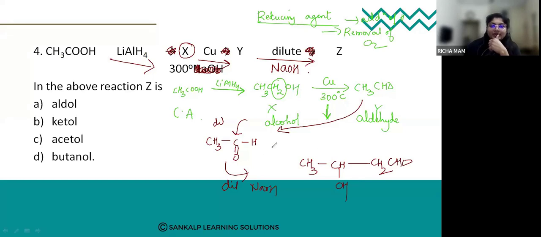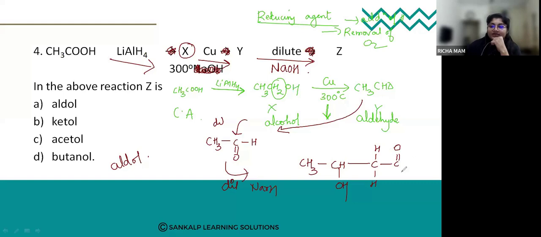So your acetaldehyde will undergo aldol condensation. When you have an aldehyde in the presence of base, we have seen, it is nothing but aldol condensation.